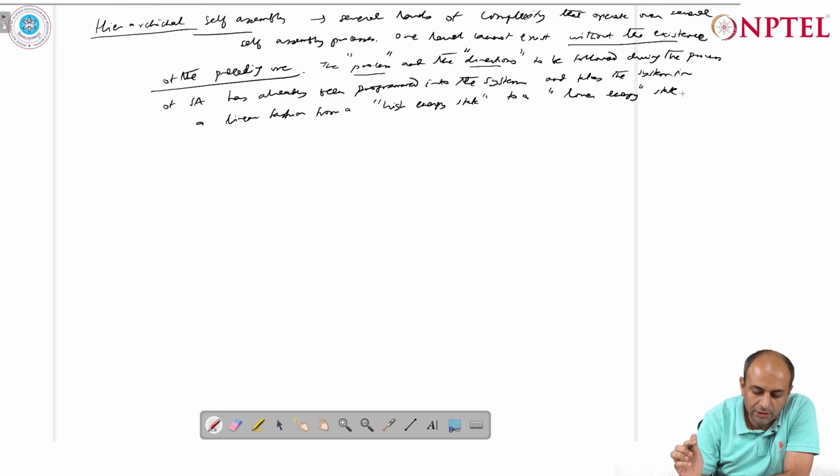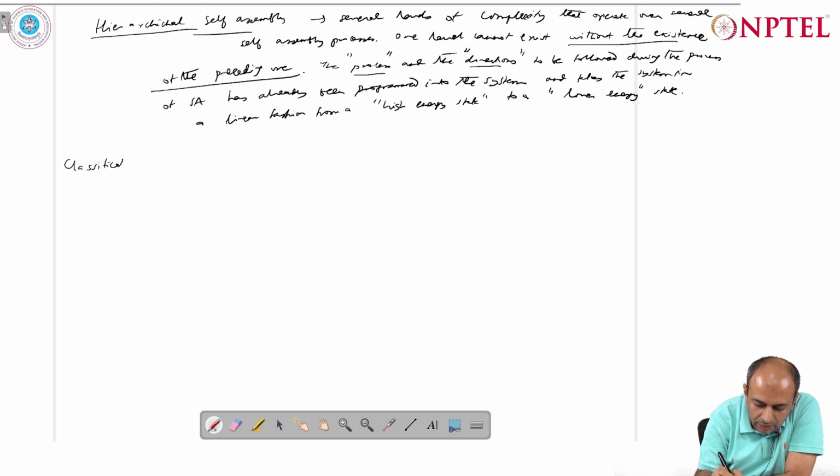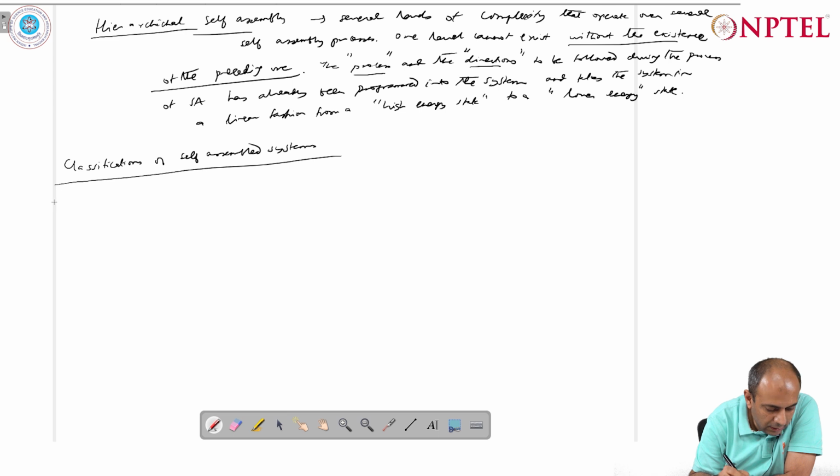Now, there are classifications of self-assembled systems. So, first is the single interaction self-assembly.